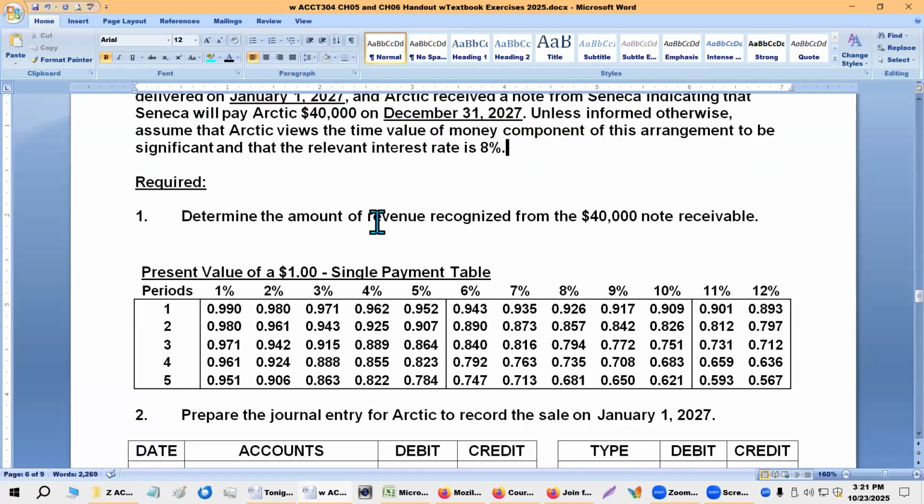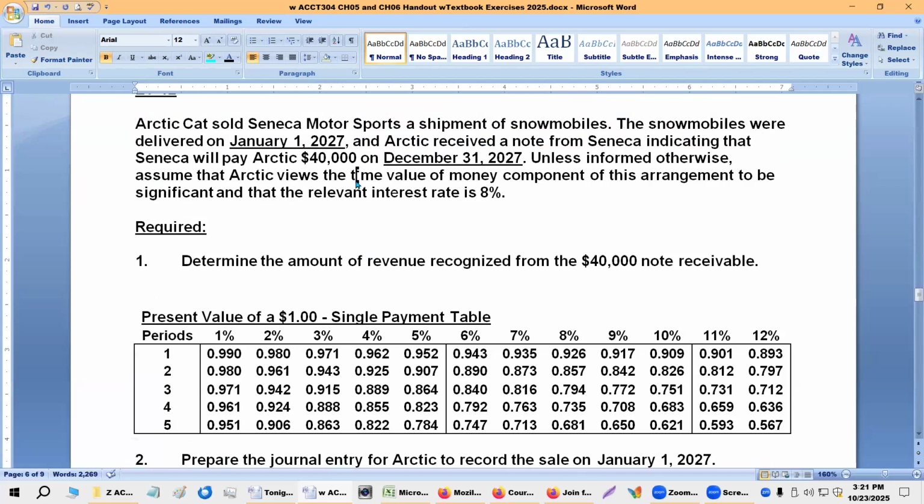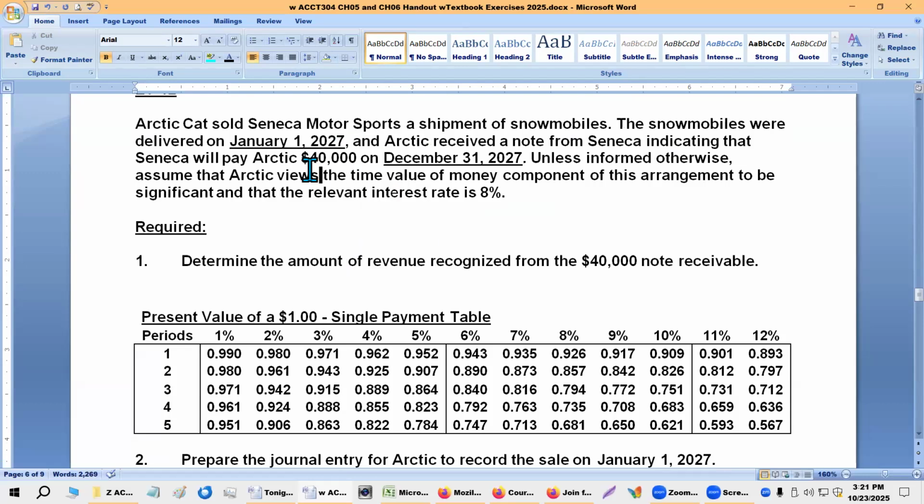This is the same thing we did before. All right. So how many periods? Would it just be one year? Yep, one period. Beginning of January 2027 to the end, one year.